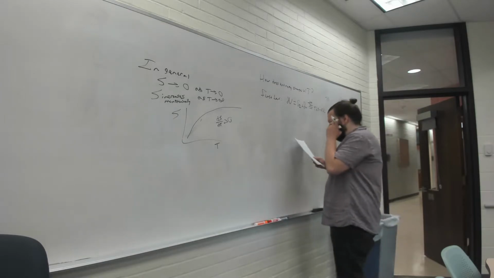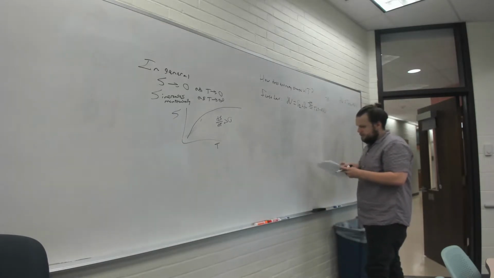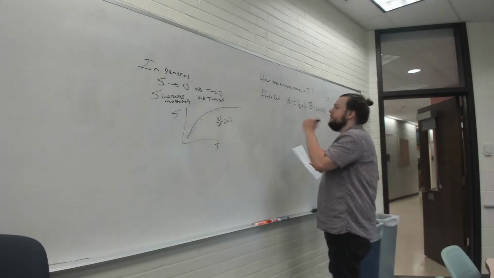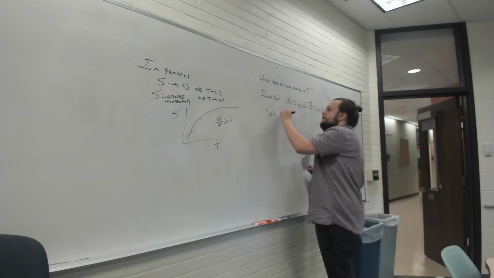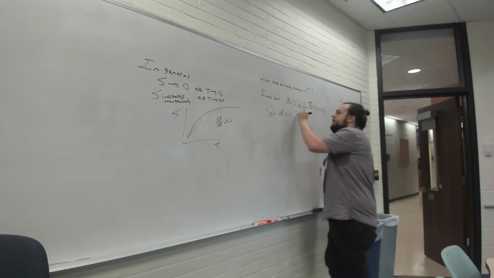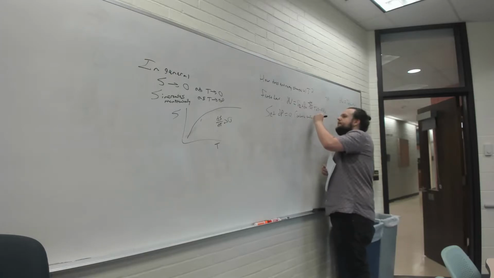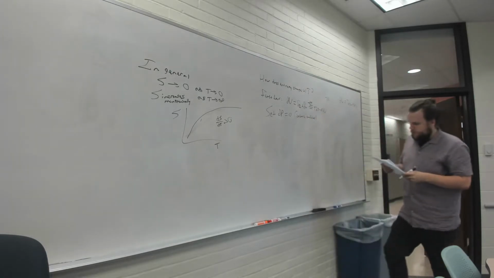And so let's set dP equals 0, isobaric conditions, so we can use enthalpy and Gibbs energy.